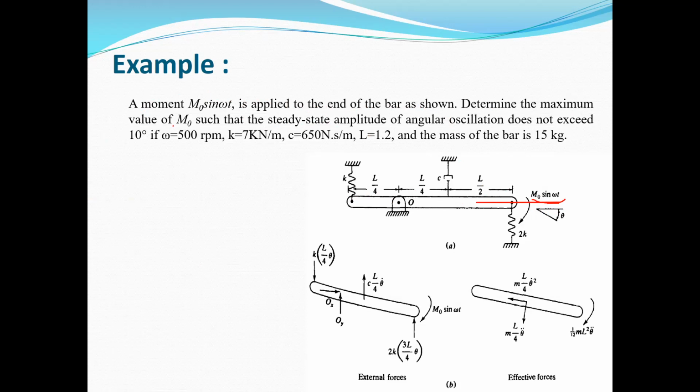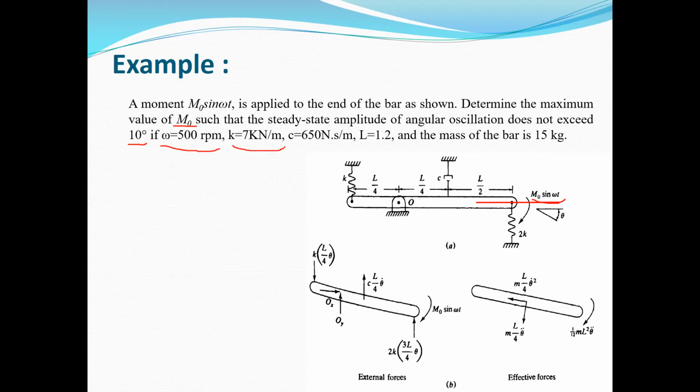Determine the maximum value of M naught, which is the amplitude of the external moment, such that the steady state amplitude of angular oscillation does not exceed 10 degrees if omega is equal to 500 RPM. So the frequency of the excitation is 500 RPM, and we need to obtain M naught such that the steady state amplitude, the amplitude of the particular response of the angular oscillation, does not exceed 10 degrees. Of course, we need to convert it into radians.